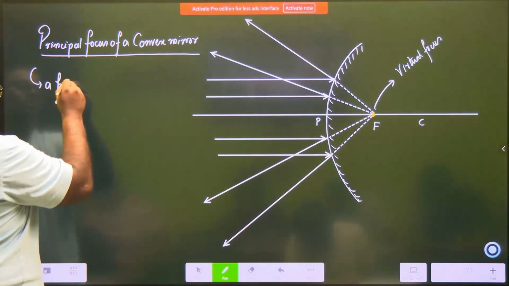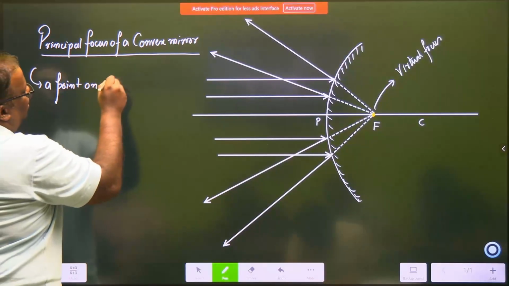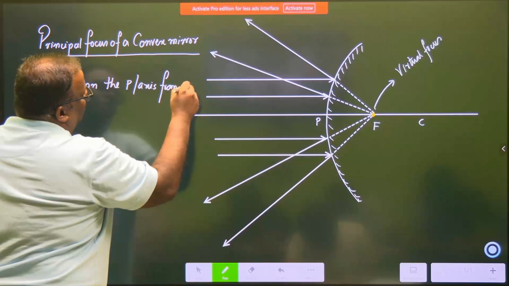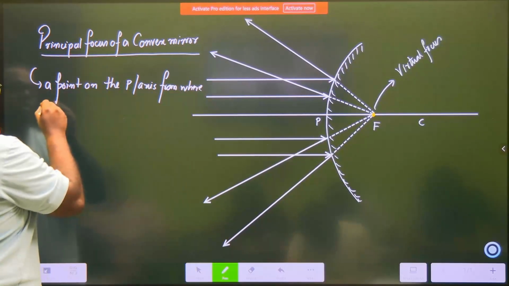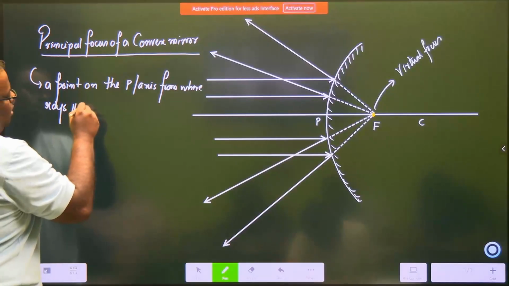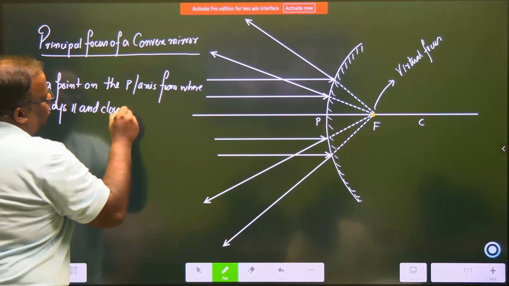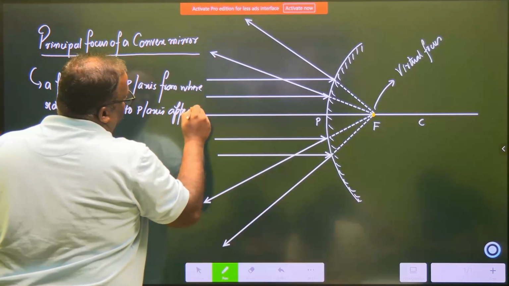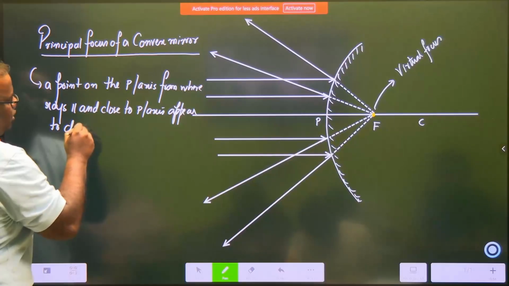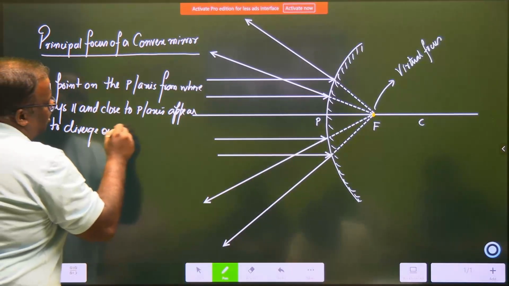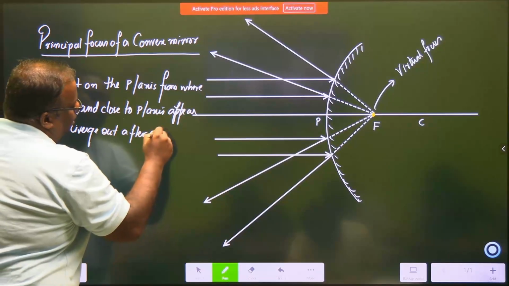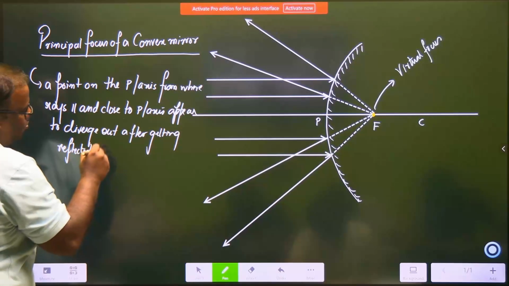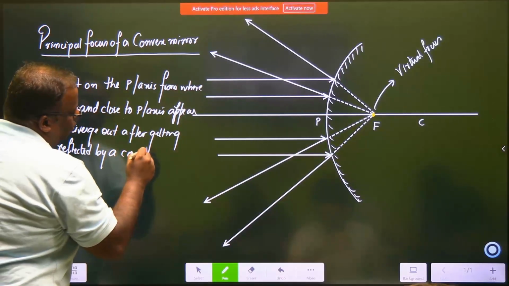A point on the principal axis from where rays parallel and close to the principal axis appear to diverge out after getting reflected by a convex mirror.